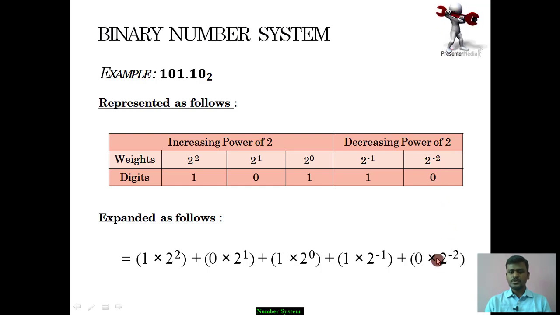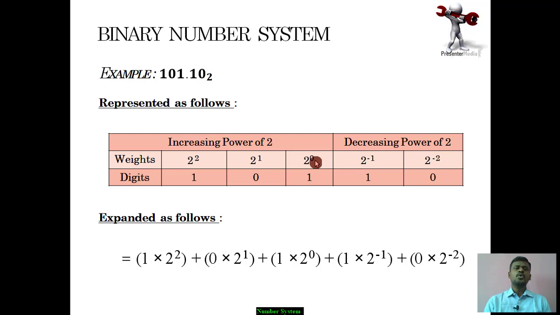Likewise we can represent binary numbers using the table as well as expansions. If you are good at writing the table as well as the equation, then you can solve any given binary number.